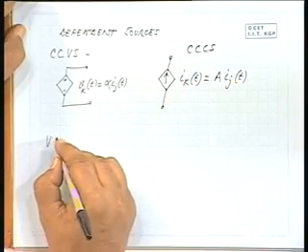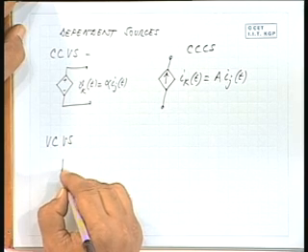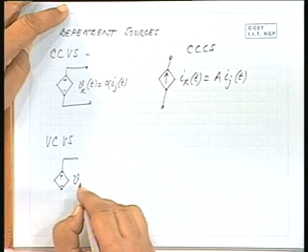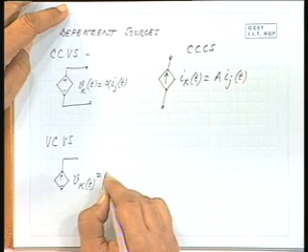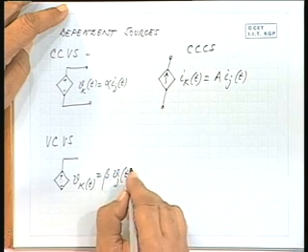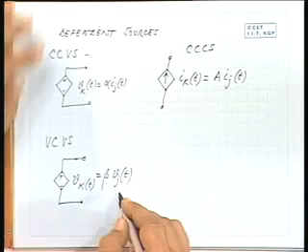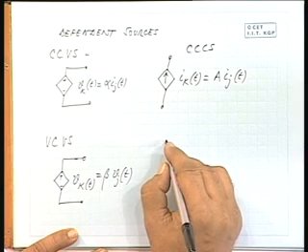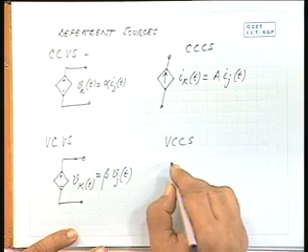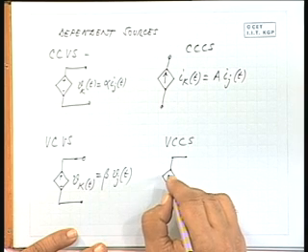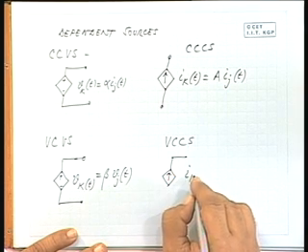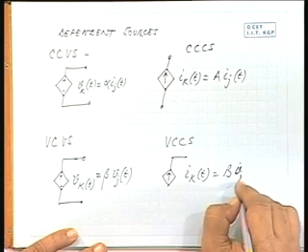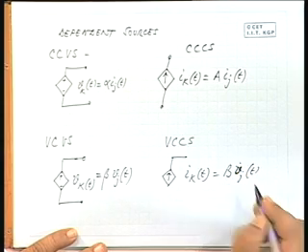Similarly, you have voltage controlled voltage source, which is Vk equal to beta times Vj, and voltage controlled current source VCCS, which will be shown like this, Ik equal to some B times Vj, this is Vj.